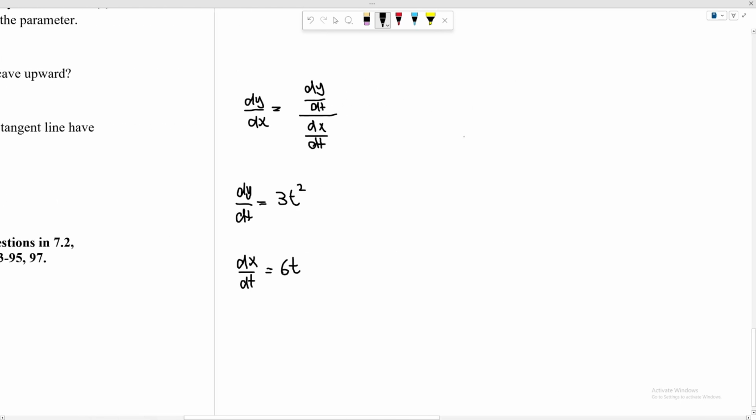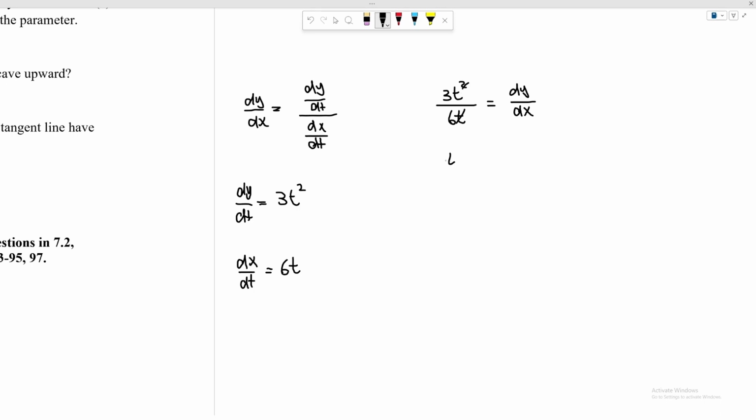So now we gotta plug this in here. So we get 3t squared all over 6t, and this equals my dy over dx. Now this can simplify, 3 divided by 6. To be honest with y'all, I'm a little bit rusty today, but that simplifies to 1 over 2. And then this t cancels out the t on the top.